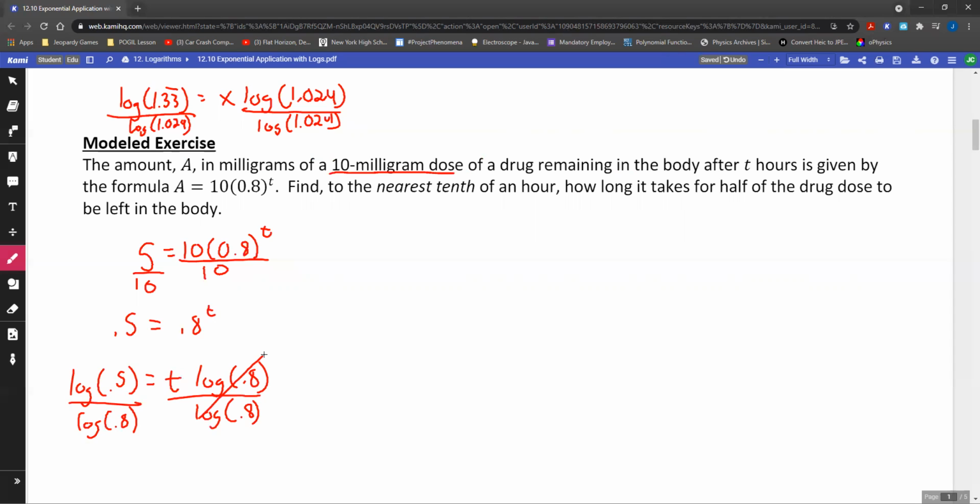So I end up getting that t is going to be equal to log of 0.5 divided by log of 0.8, which gets me 3.106. They want us to the nearest tenth of an hour. So 3.1 hours. Okay.